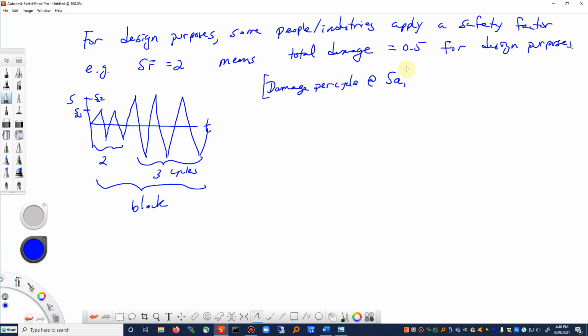Times the number of cycles at that stress amplitude, plus the damage per cycle at the 2nd stress amplitude times the number of cycles that happen in this block. And if we multiply these out, then we would get the total damage per block.